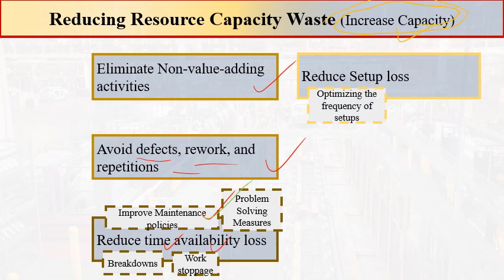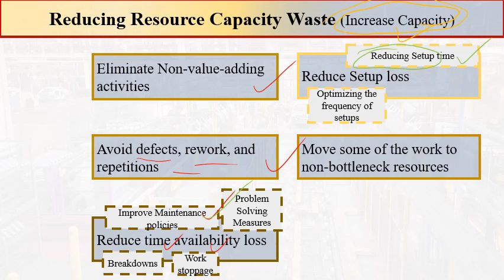Your maintenance policies should be better so your machines don't fail as often. Reduce setup loss. Every time we do a setup, that takes time, so we want to be quick at setting up operations. Obviously reducing setup time is key here. Move some of the work to non-bottleneck resources.